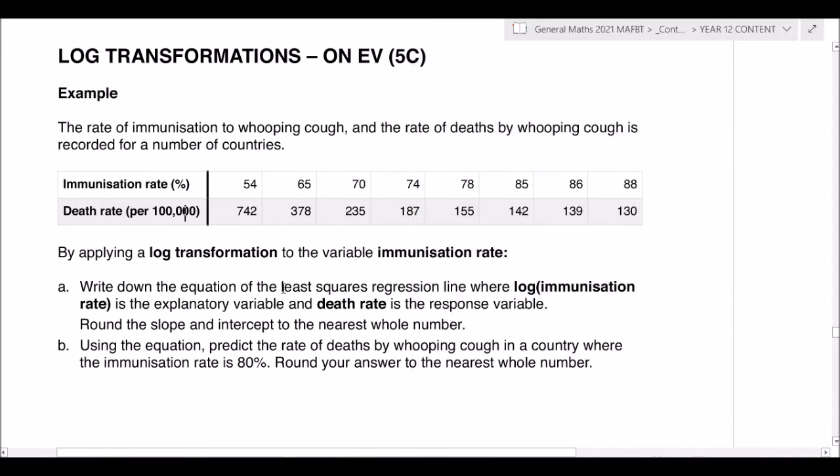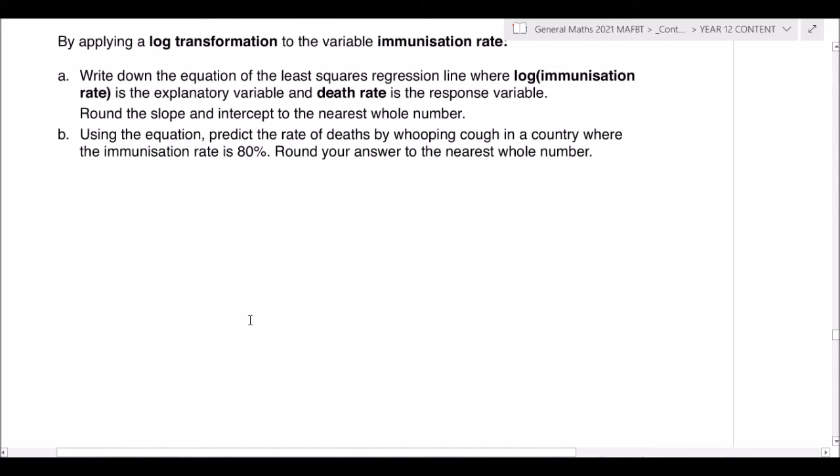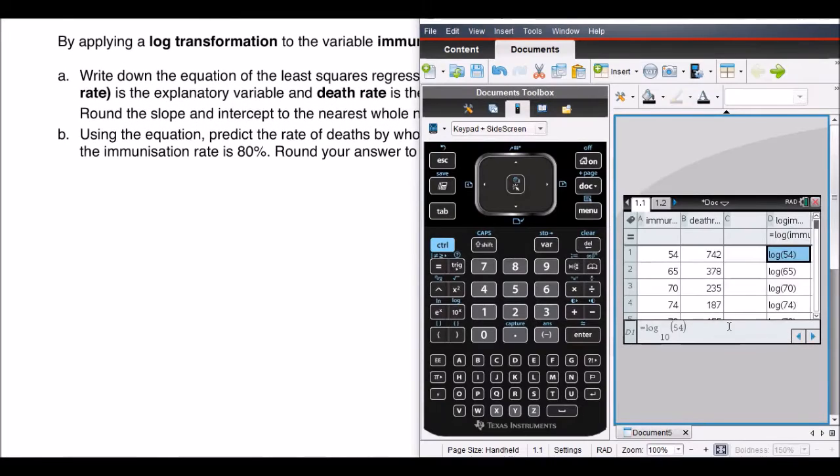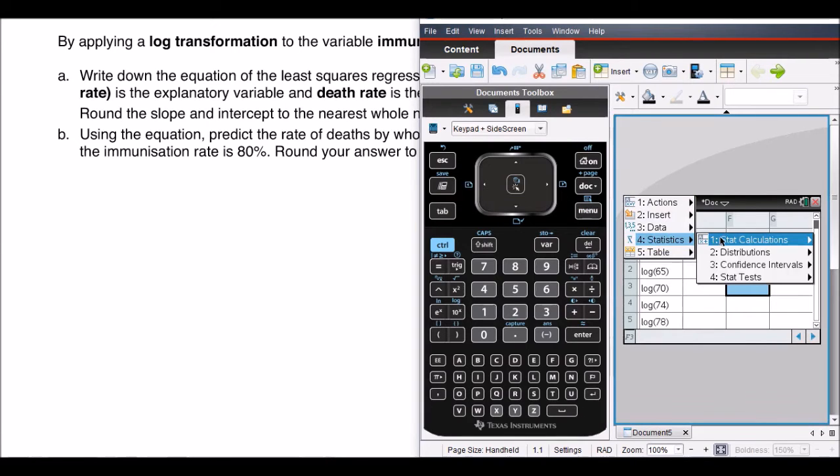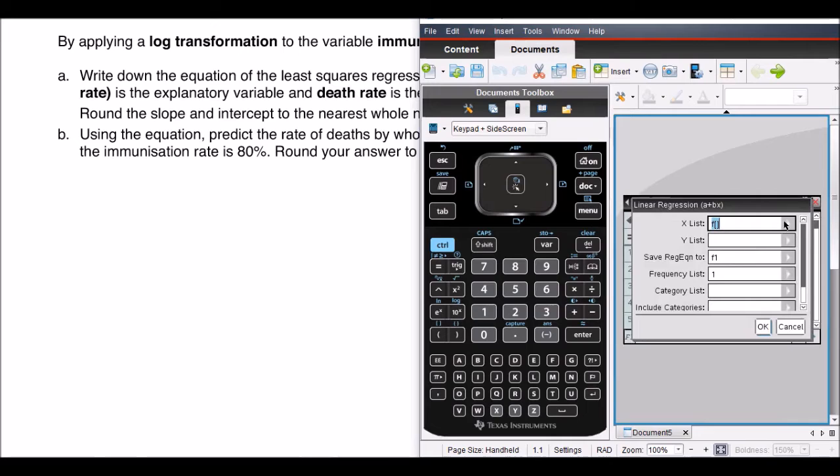Next, I need to write down the equation of the least squares regression line. There are a couple of ways you can do this. We've been doing it through our lists and spreadsheets. So put your cursor there, then menu, statistics, 4, 1, 4. Here, put in the transformed data, because we transformed the X variable, or the EV, which is log ImmuRate.